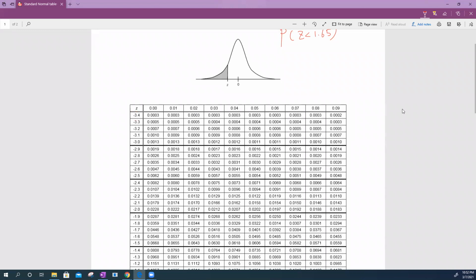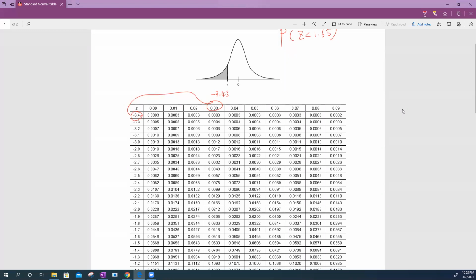For example, this one is going to give us negative 3.43. So simply add that 0.03 to that second decimal place, and then you get negative 3.43.